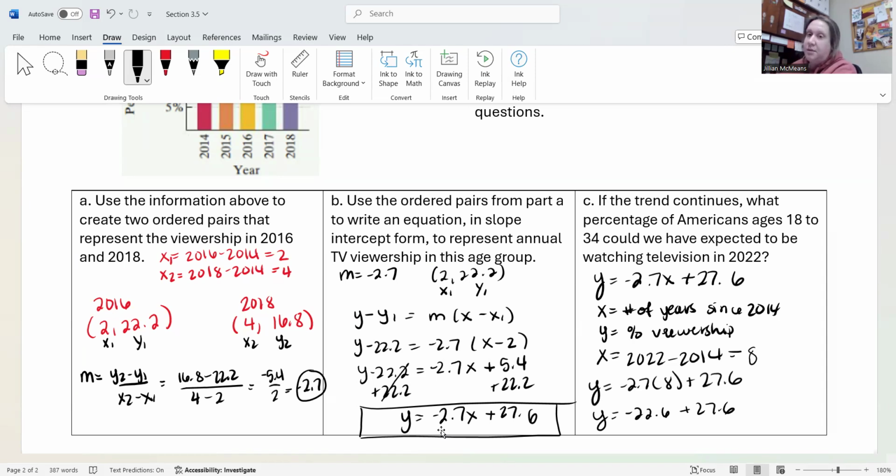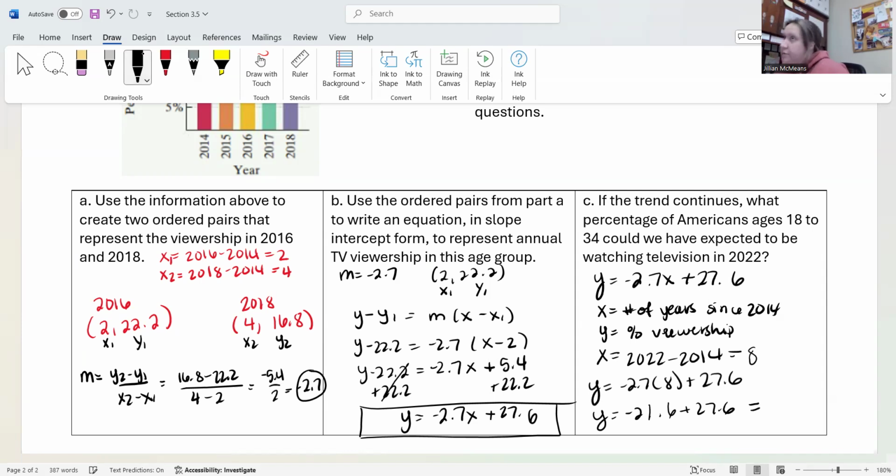So we had negative 2.7 times 8, which is negative 21.6. Were you all screaming in the video? It's 21.6. All right. So we get negative 21.6 plus 27.6. So we should get 6. So negative 21.6 plus 27.6 is 6.